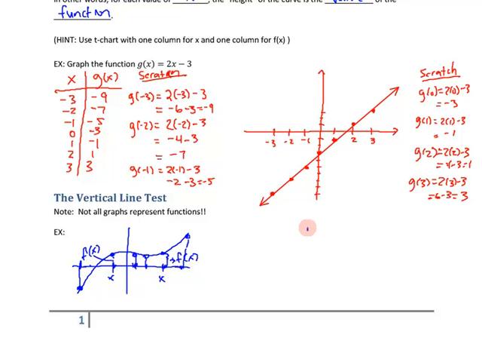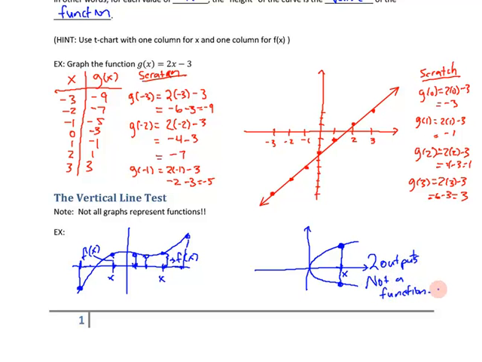However, what happens if you have a curve that does, say, this? Here's your x-axis, here's your y-axis. What is the output for that x? Well, notice there are two of them, which means not a function.